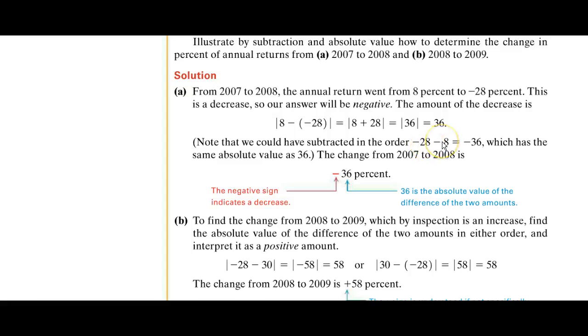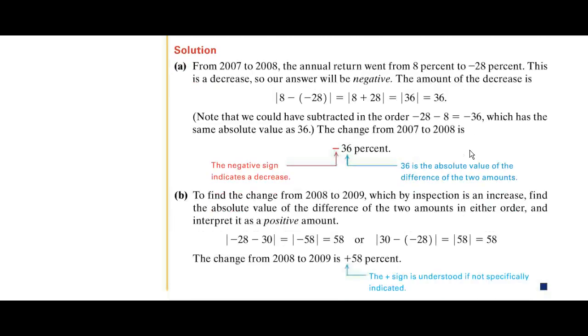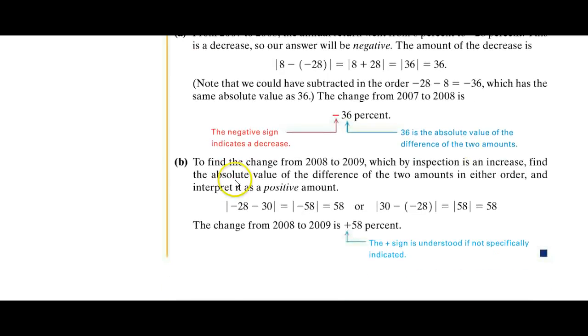And since this was a loss, that would have been a negative 36. And in letter B, again, from those years, a negative 28 and a negative 30 gives you a negative 58. So this is out of the absolute sign as a positive 58. Another way of looking at that would have been the opposite of a negative 28 made it a positive, and there is your results.